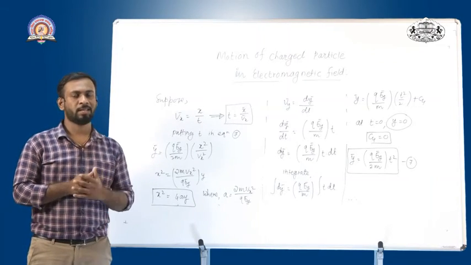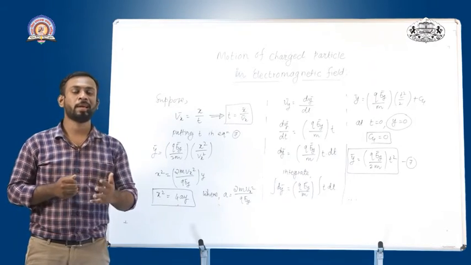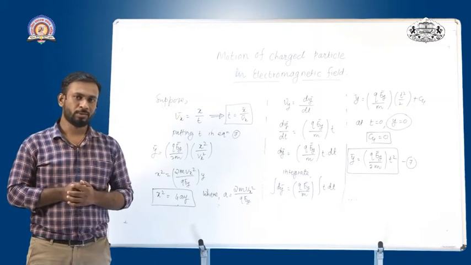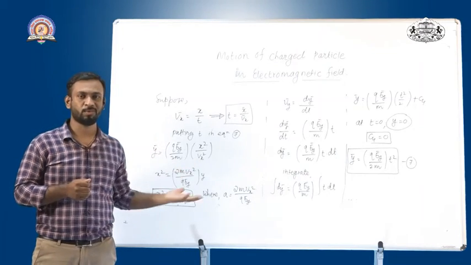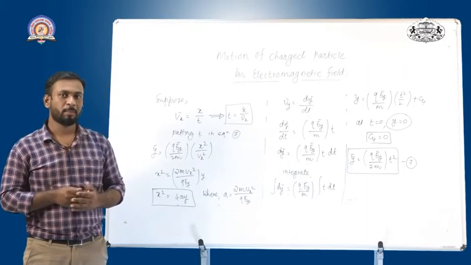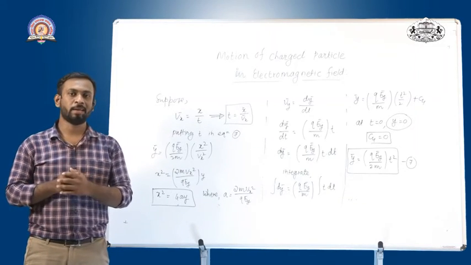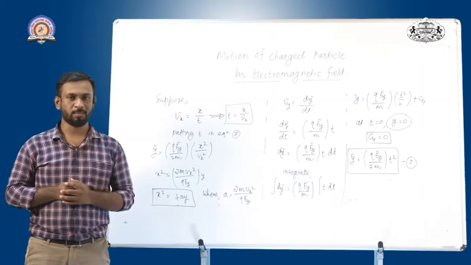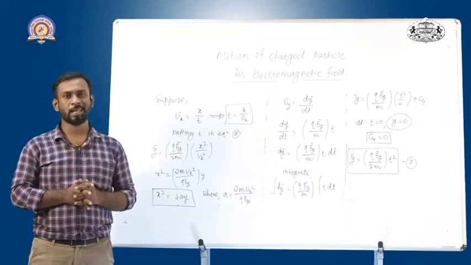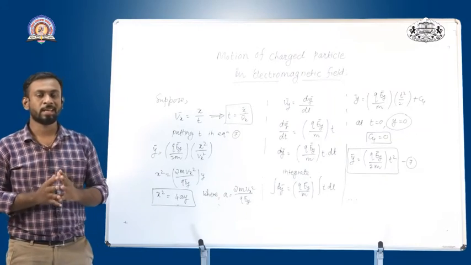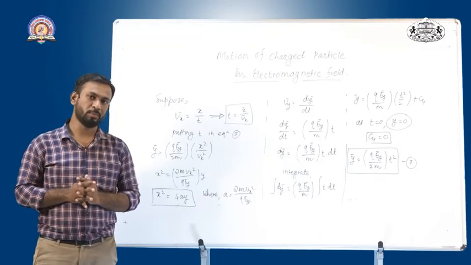After solving Newton's laws of motion and the Lorentz force equation, we ended up with a parabolic equation. So the motion of the charged particle in a perpendicular electric field is parabolic in nature. This is all about the electric field, since there is no angle theta dependence term in this electric field motion.